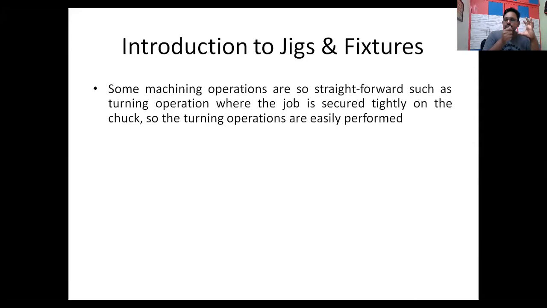In order to perform turning operations, what we will do is first we will firmly fix the job or the workpiece tightly with the help of a 3 jaw chuck, and we will insert and tighten it.